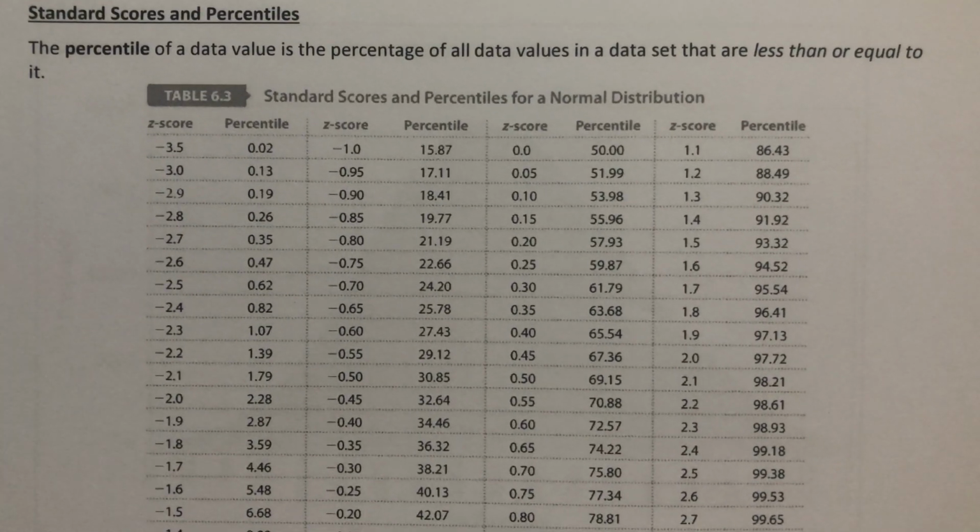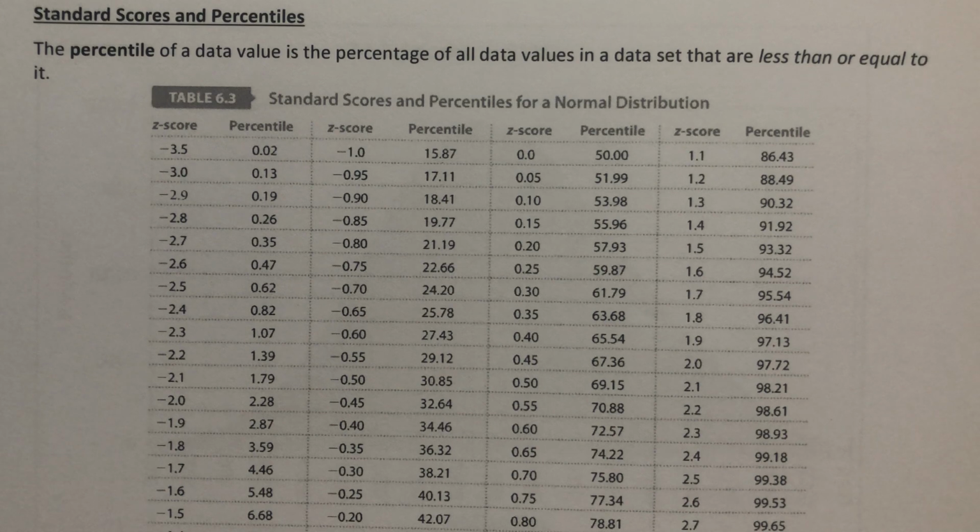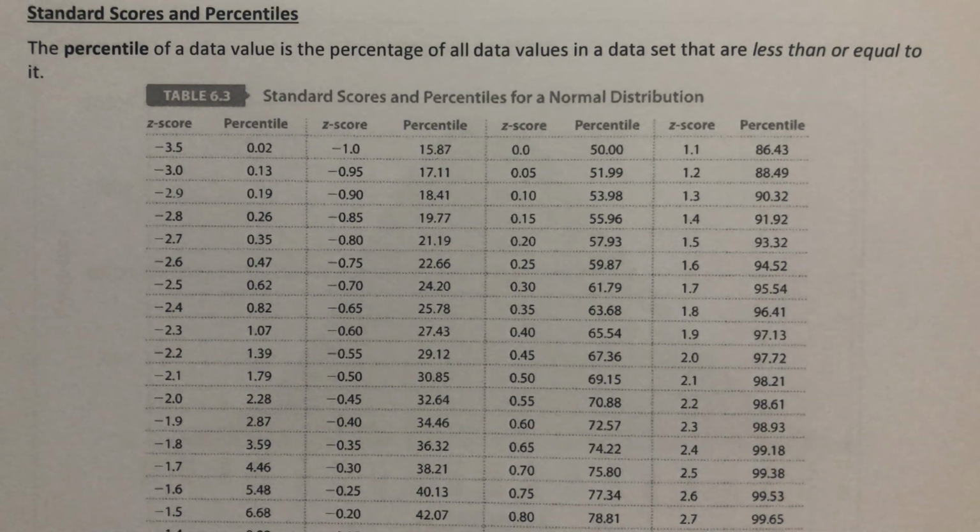All right. A percentile is the percentage of data values that are less than or equal to whatever score you had. So if you've gone to the doctor's office or you've taken kids or siblings to the doctor's office, they usually take a height and weight and they will give you a percentile.